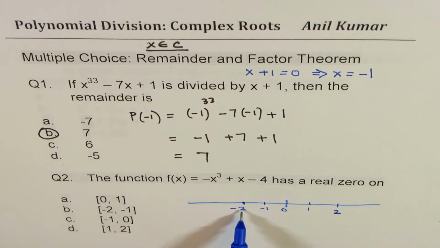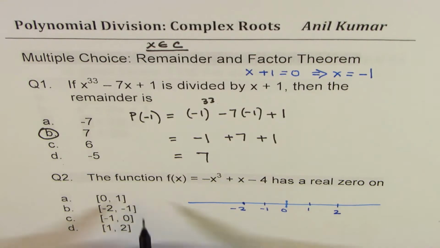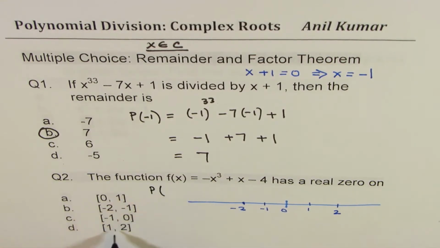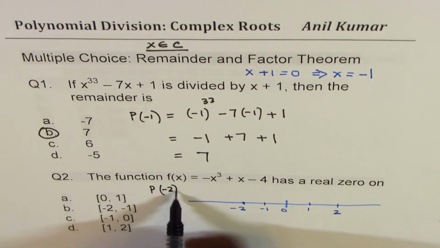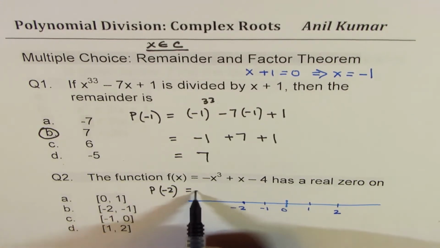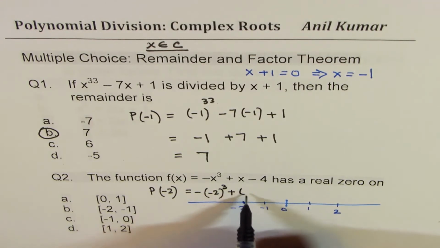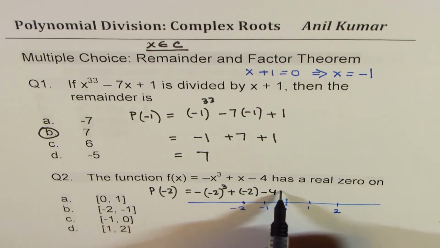So let's first test at minus 2. Do we get a positive value or a negative value? We'll just substitute minus 2 in the given polynomial and evaluate. So minus of minus 2 cubed plus minus 2 minus 4.